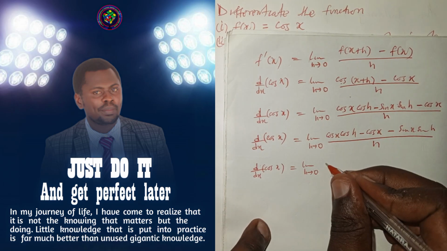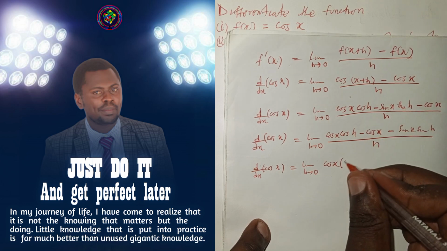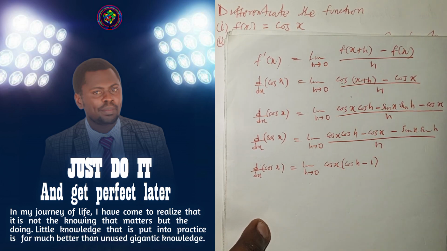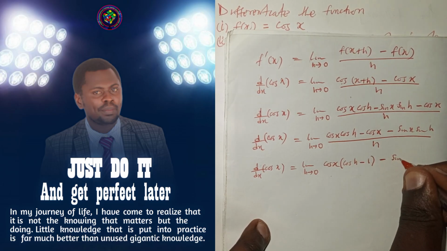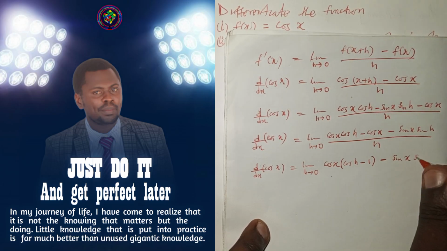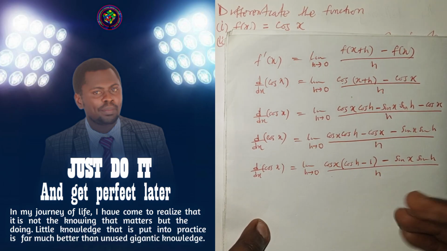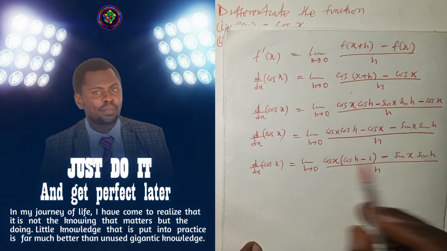So we are going to have cos x, then in brackets cos h minus 1, then minus sin x sin h over h. Then from here we can separate these two.